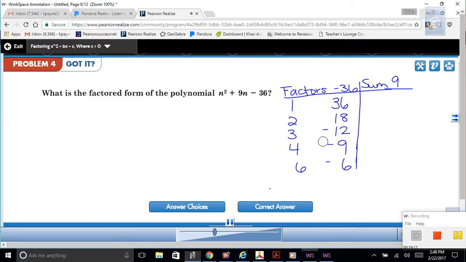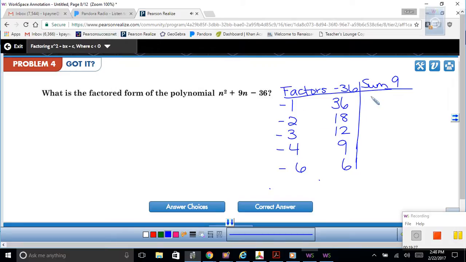Or you can look at what you want your sum to be. We want our sum to be positive. If we want to get a positive sum, then we need our smaller number to be the negative number. And you'll notice that every sum we get will be positive because we've made our smaller number the negative number.